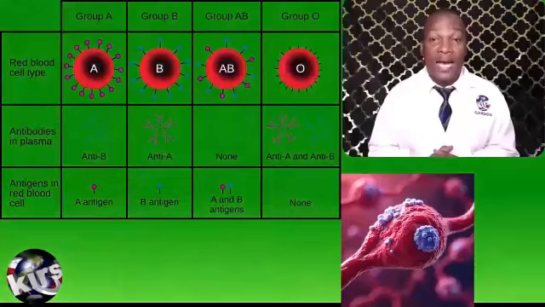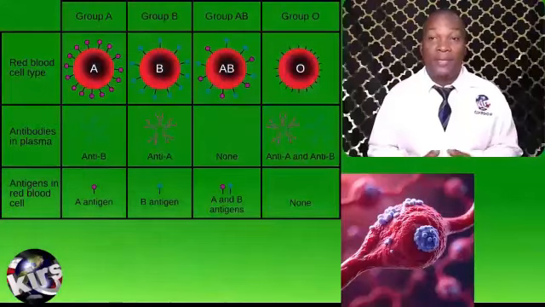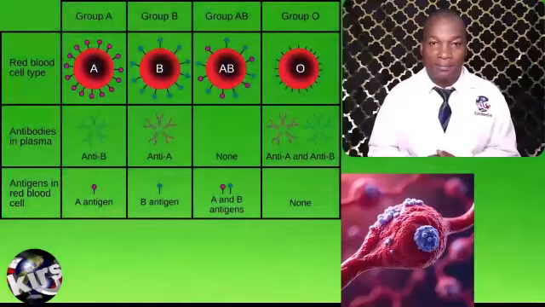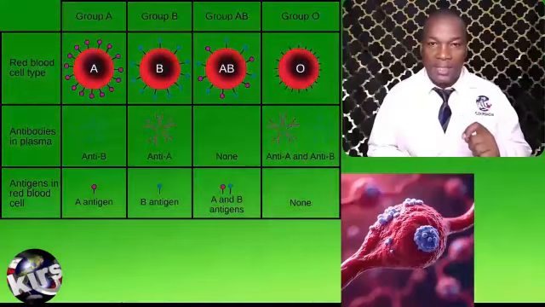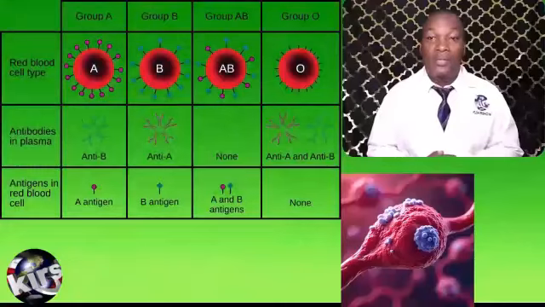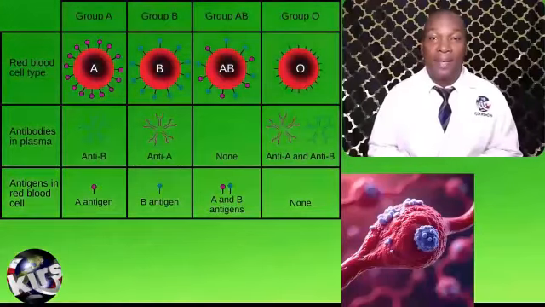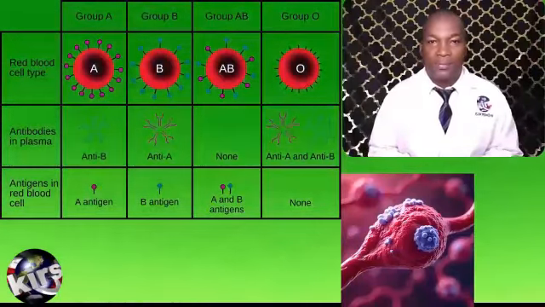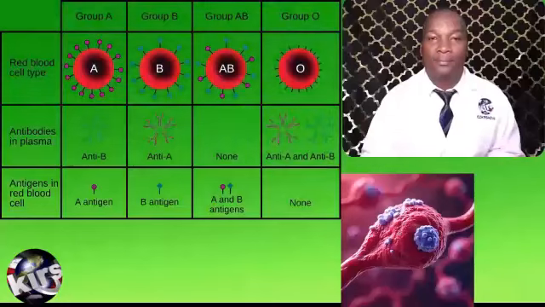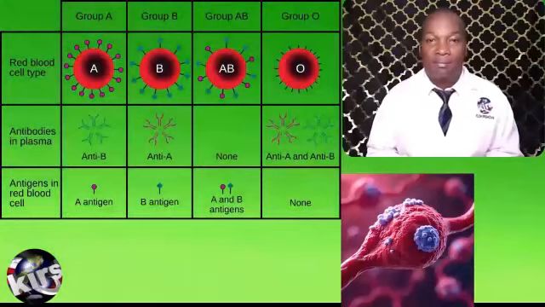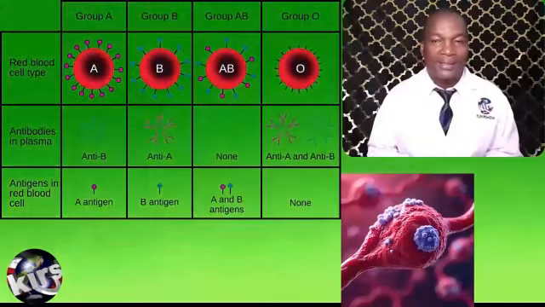And if you have B antigens, you have type B blood. If you have both, that is antigen A and antigen B, then we say you have type AB blood. If you have neither, then you have type O blood. This is simple enough, but we are not done yet.